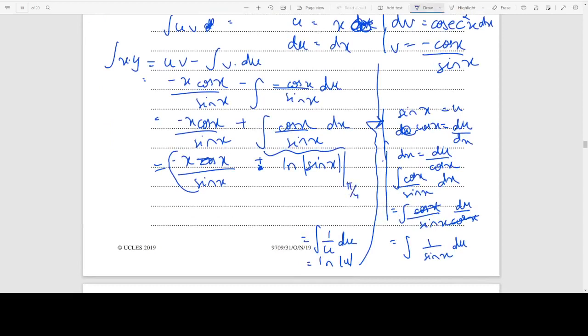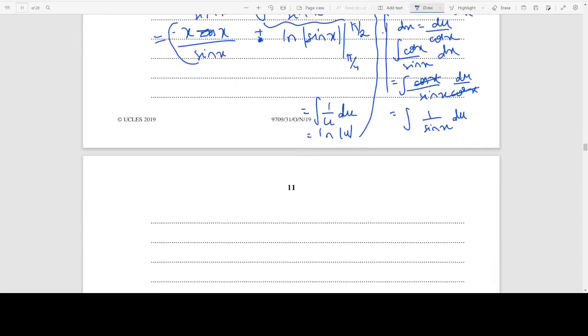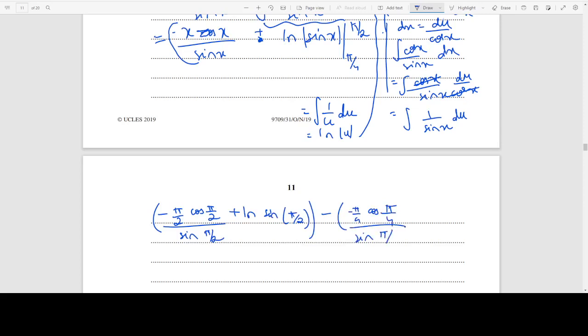So minus pi upon 2 cos pi upon 2 divided by sin pi upon 2 plus ln sin pi over 2, minus, minus pi over 4 cos pi over 4 divided by sin pi over 4 plus ln sin pi over 4.